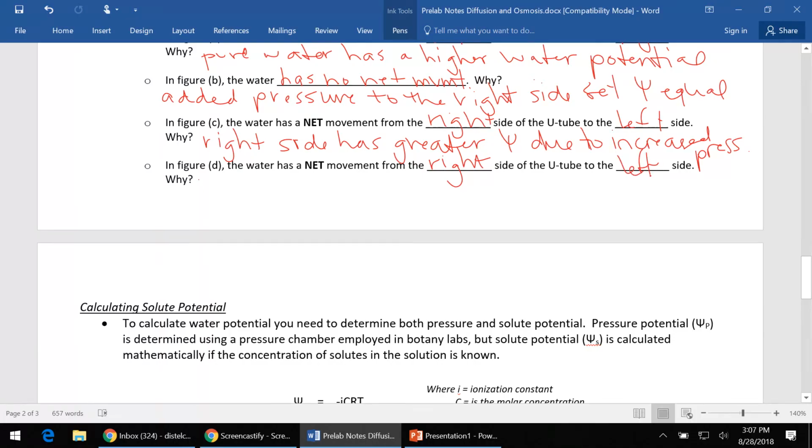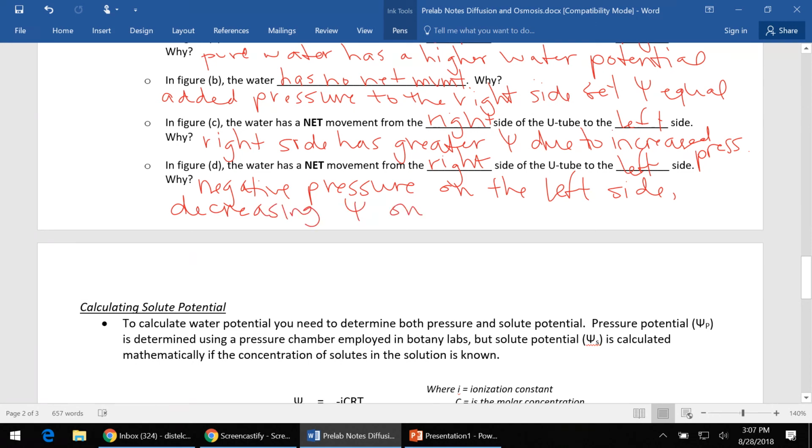So for this one, the why, there was negative pressure on the left side, decreasing water potential on the left. Okay. All right. I'm going to stop there with this video.